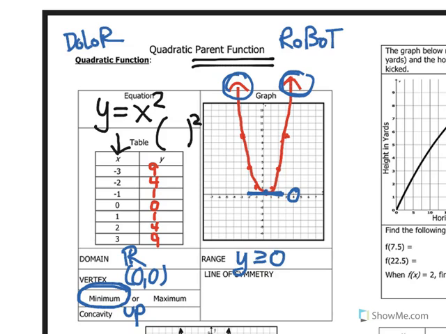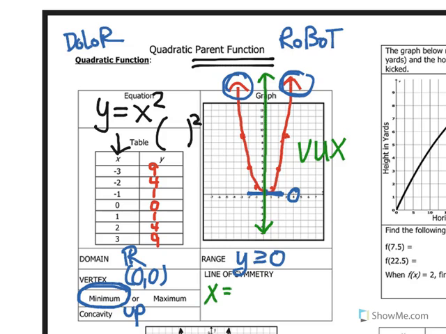Then finally, we want to determine the line of symmetry. The line of symmetry is the line that cuts the quadratic graph into two identical sides. And on this graph, that's going to be like this, straight down like this. So we need to figure out the equation of that line. Well, obviously it's a vertical line, so that's an x line, which means the equation is going to be x equals something.